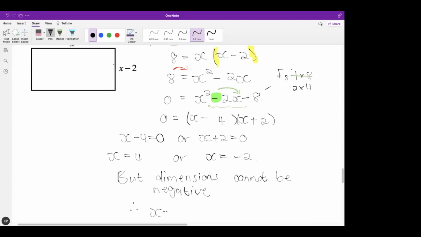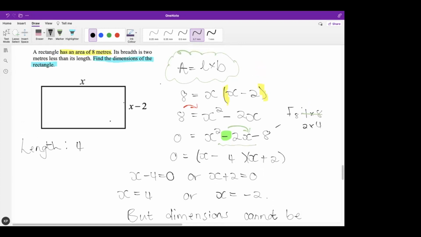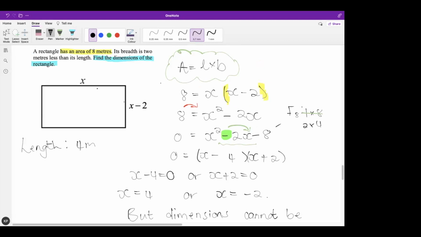Therefore, x is 4. Then you substitute. So then my length will be 4 meters because my area was in meters. And my breadth is 4 minus 2, which is 2 meters. You're welcome.